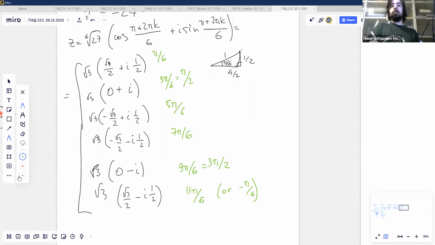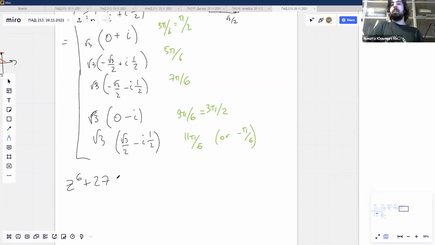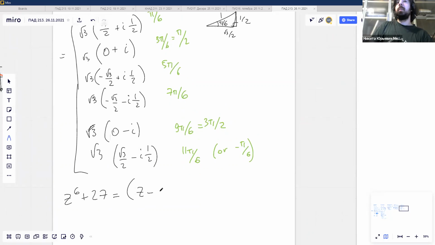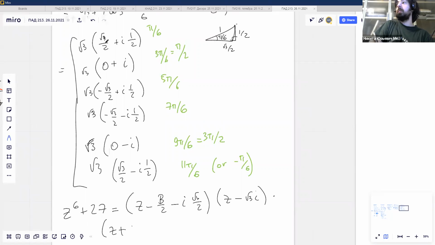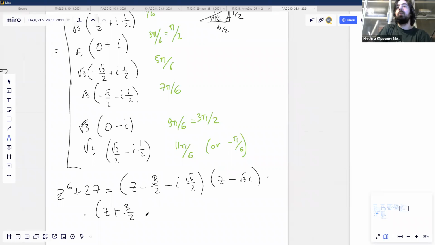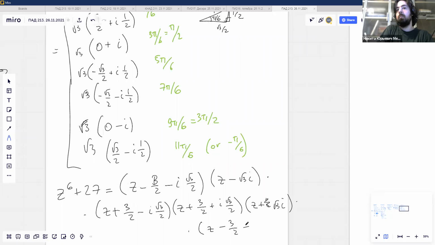So those are 6 variants. So z to the 6th power plus 27 equals (z minus 3 over 2 minus i square root of 3 over 2) times (z minus square root of 3 i) times (z plus 3 over 2 minus i square root of 3 over 2) times (z plus 3 over 2 plus i square root of 3 over 2) times (z plus square root of 3 i) times (z minus 3 over 2 plus i square root of 3 over 2). Square root of 3 times square root of 3 is 3. Those are 6 brackets.